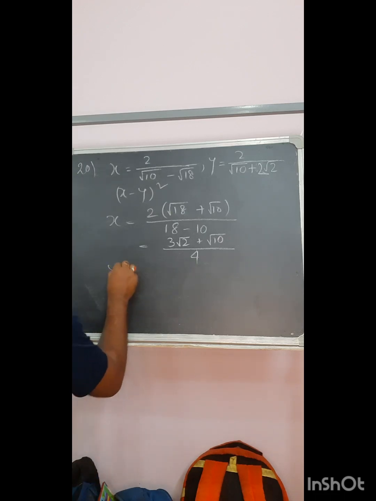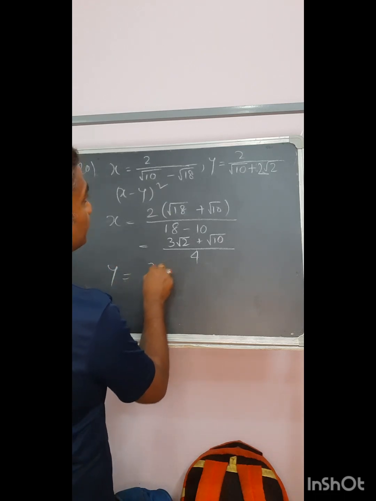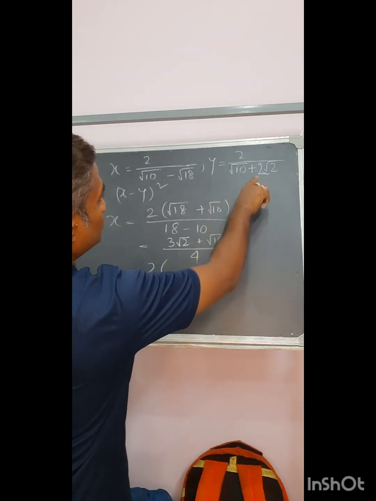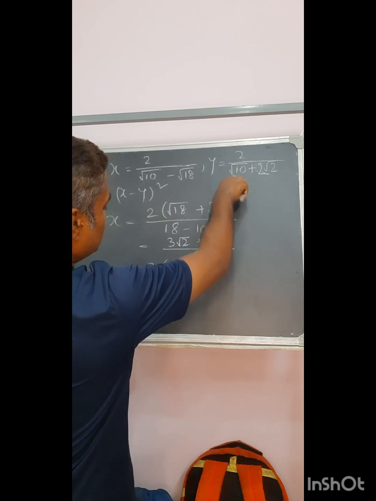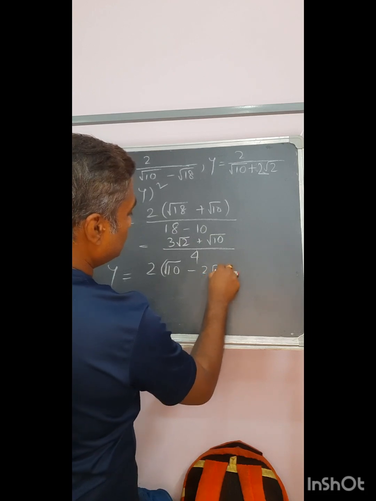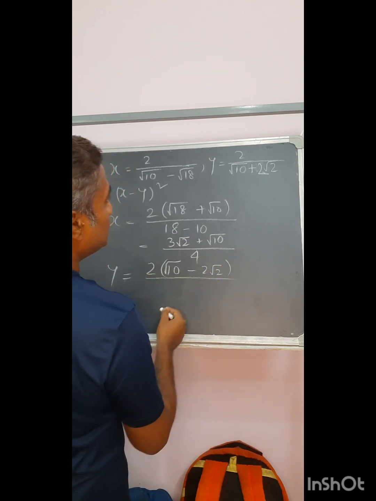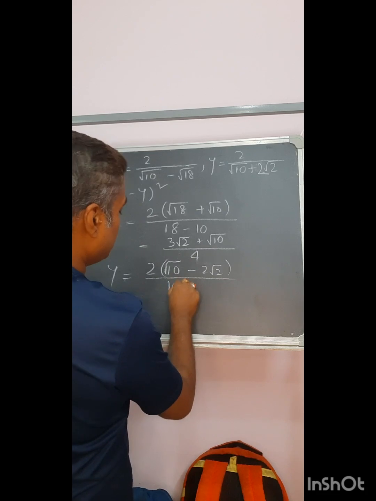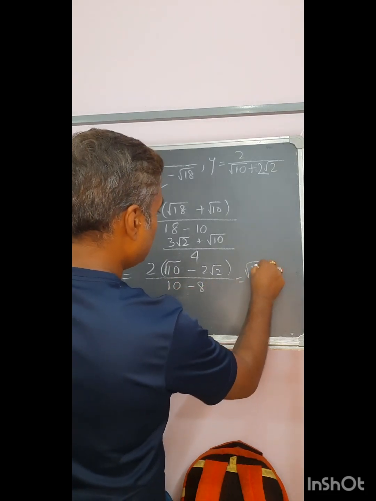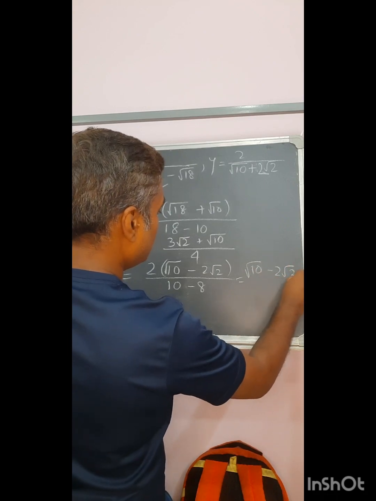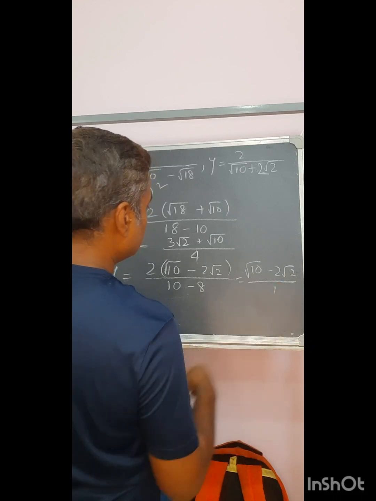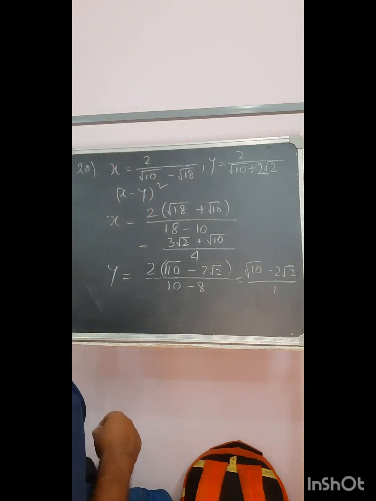Now for y, to eliminate the surd from the bottom, 2 root 2 whole square is 8. Root 10 is there, so root 10 minus 2 root 2 will be multiplied with numerator and denominator.